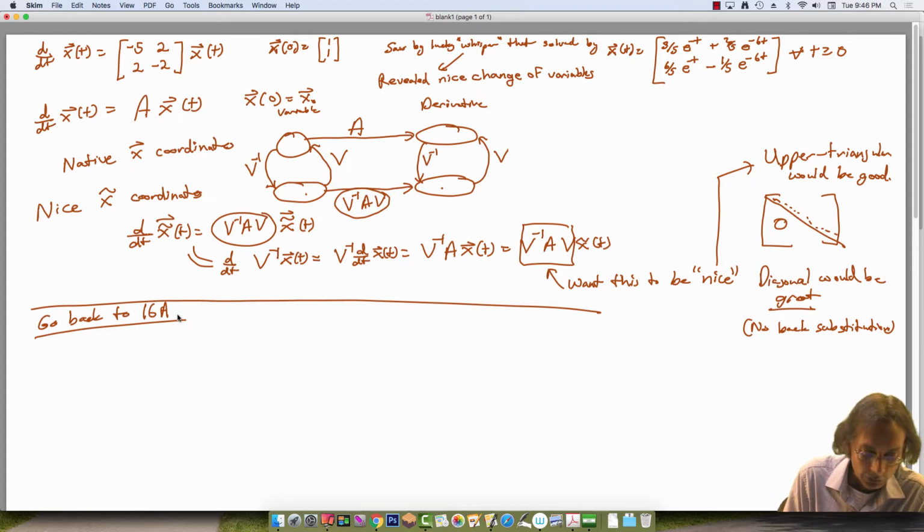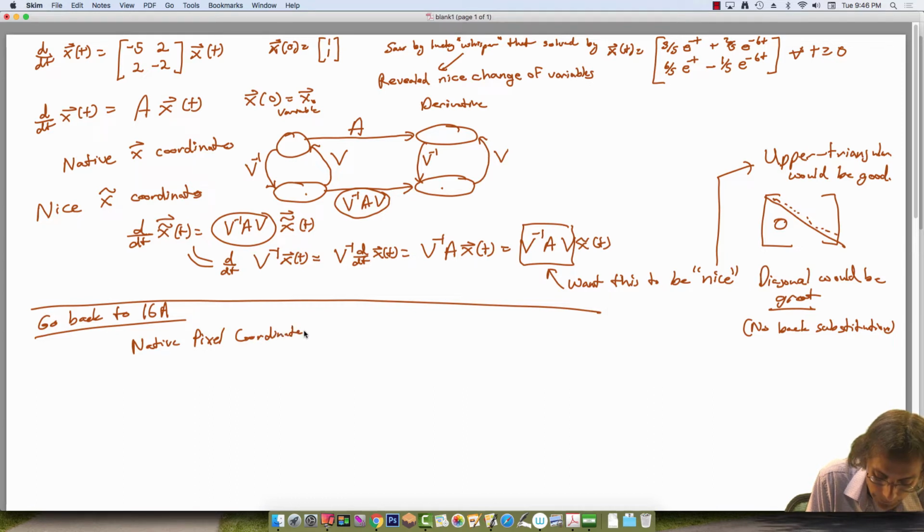In 16A, when you started off in module 1, you had this problem of imaging. And in imaging, what were the two kinds of coordinates you had? Well, the two kinds of coordinates you had were native pixel coordinates and the measured voltage coordinates.